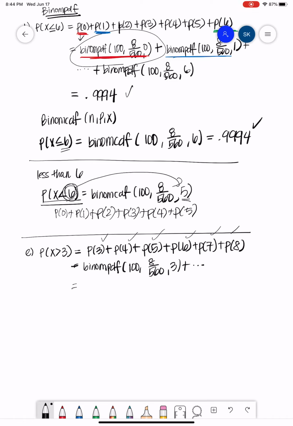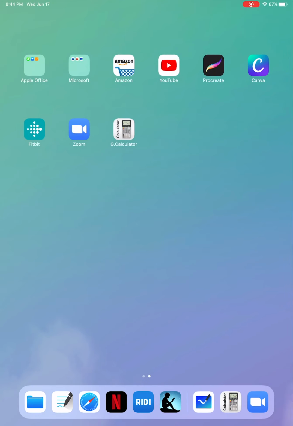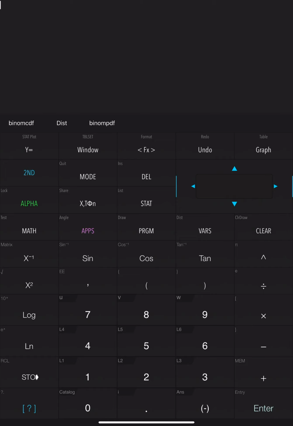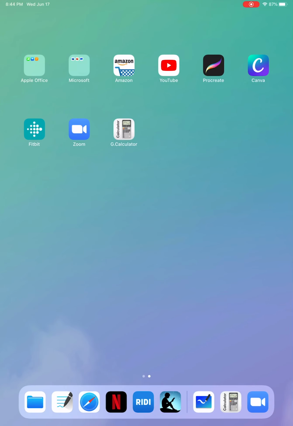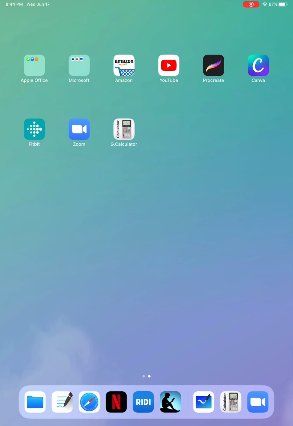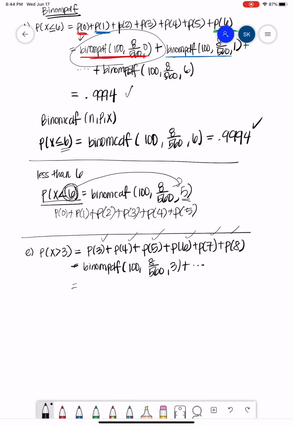So let's try the calculator and see what answer we get. I'll clear it so that it doesn't get confused with the last one. Binom PDF 3, 4, 5, 6, 7, 8, right? Oh, I think I messed it up. I should not include 3.